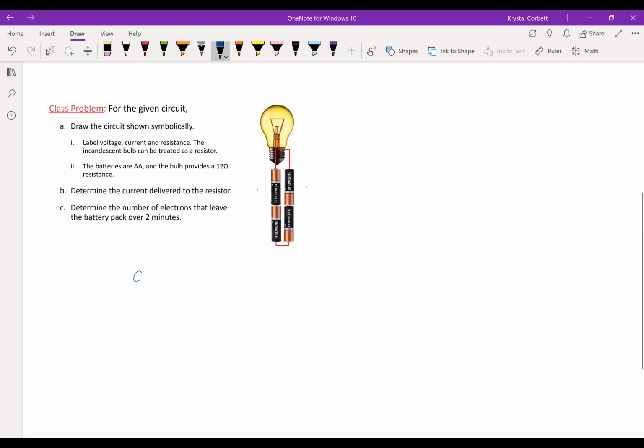Looking at part A, we see that there are 1, 2, 3, 4 batteries on this light bulb circuit. And these are AA batteries. Each one is 1.5 volts.